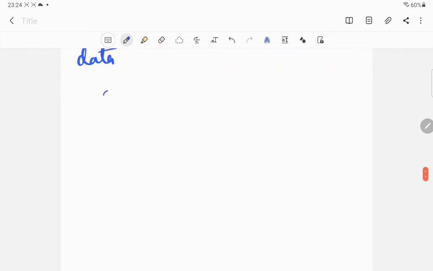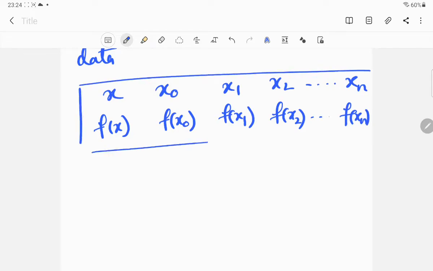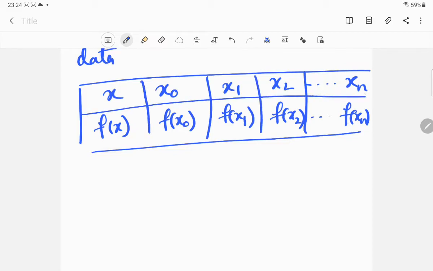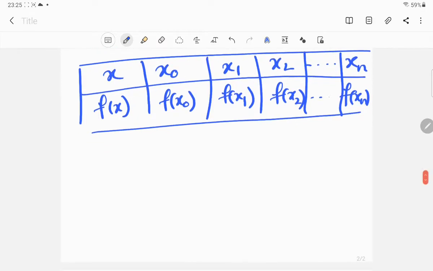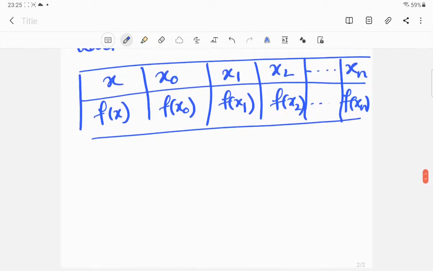Simply x0 f(x0), x1 f(x1), x2 f(x2), and it will go on up to xn f(xn). So we have this set of data.